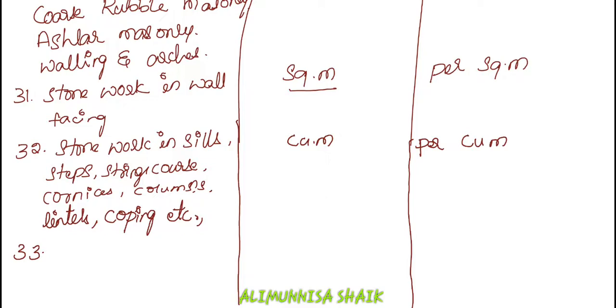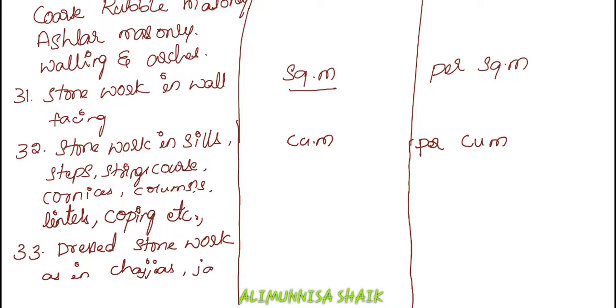Let me write it as 33: dressed stone work, as in chhajas, jellies, shells, etc. This is nothing but regular shaped, long length rocks.